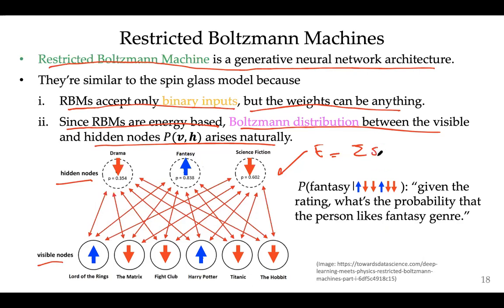I'm going to use S. For the visible layer, we can use v_i, and for the hidden layer, we can use h_j. So there is this definition of energy in this model, and you try to minimize it and also maximize the entropy, and that's why you end up with the Boltzmann distribution in this model.